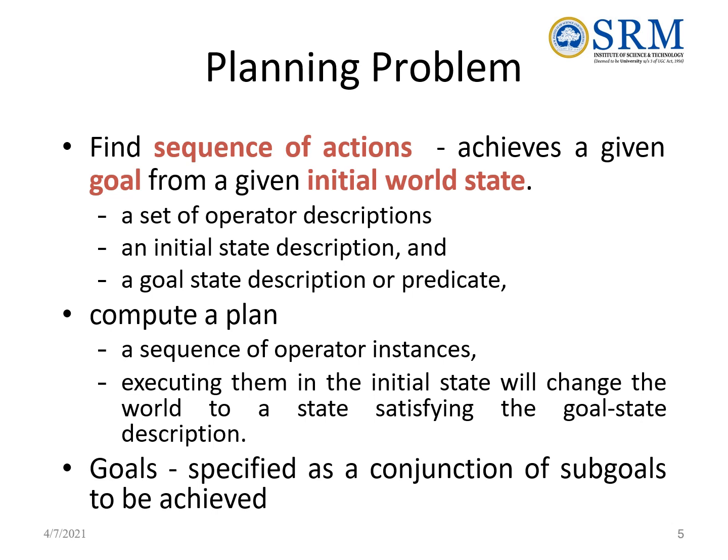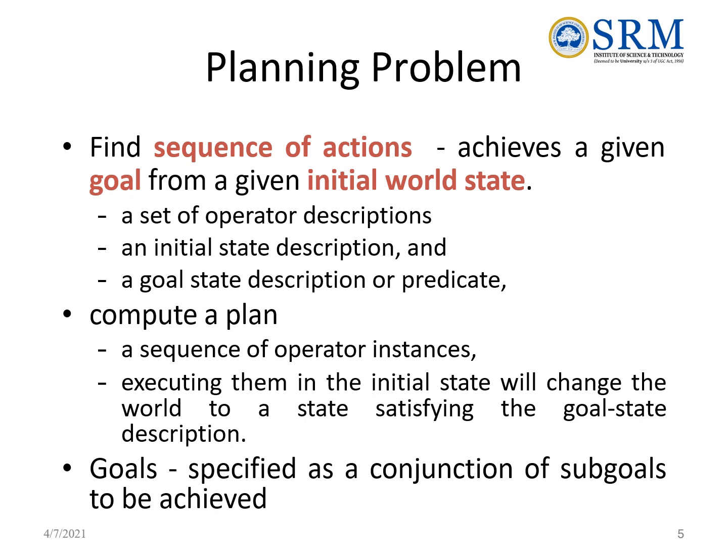The planning problem is to find a sequence of actions that achieves a given goal from the given initial world state. It contains a set of operator descriptions, an initial state description, and a goal state description. The goal state description is also called a predicate.